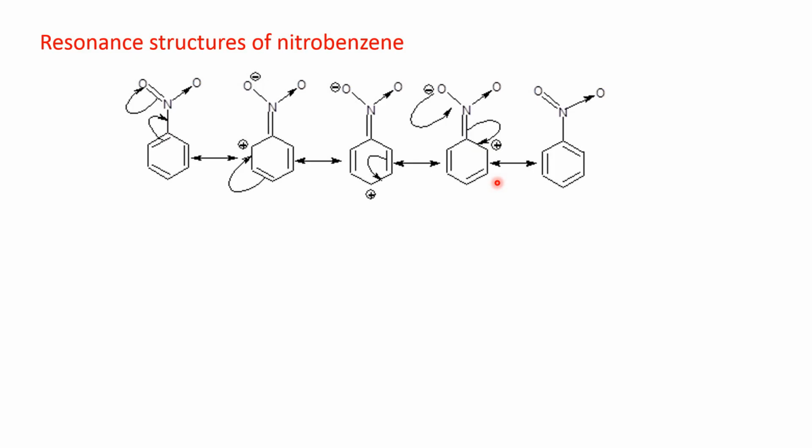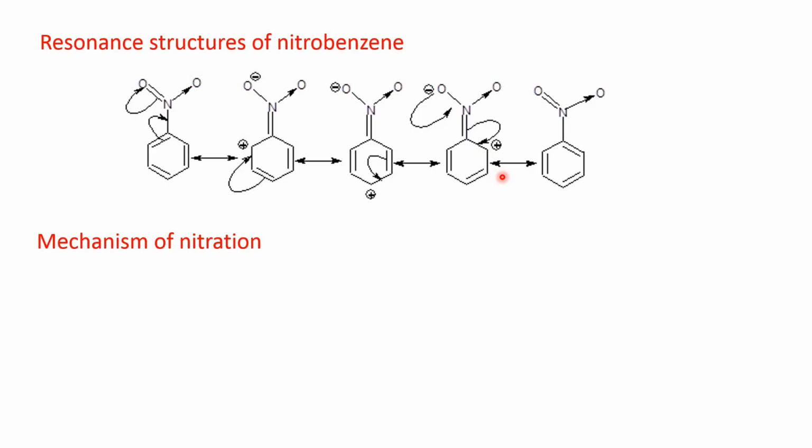The meta position is also electron deficient because the nitrogen atom attracts electron density through the minus I effect, but compared to ortho and para, the meta position is relatively better. So further electrophilic substitution occurs at the meta position.